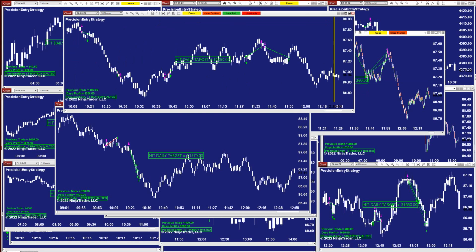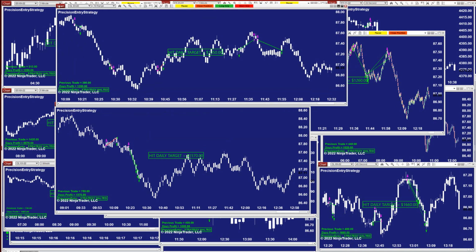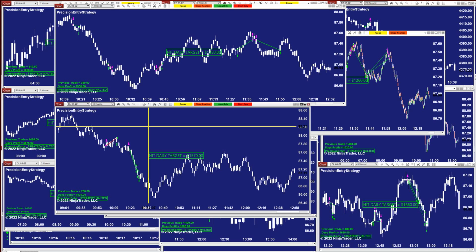But when I'm studying between those two, what I'm trying to see is how many winning trades and losing trades. If you zoom out a little bit, you can count the losing trades and the winning trades. What is the percentage of winning trades and losing trades?